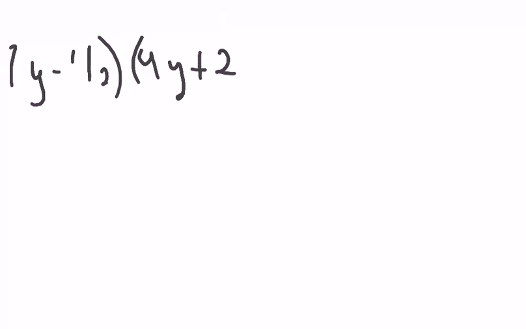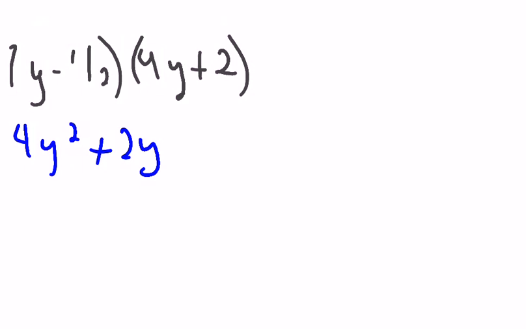Okay, so let's focus on this foiling. So we FOIL the same way. So y times 4y is 4y squared. Y times 2 is 2y. Half of 4y.